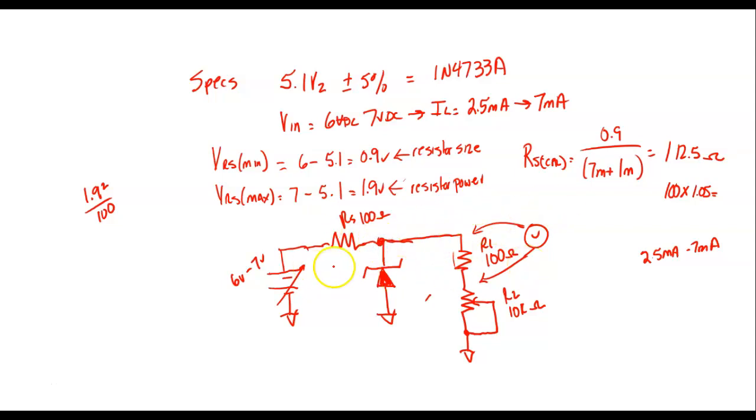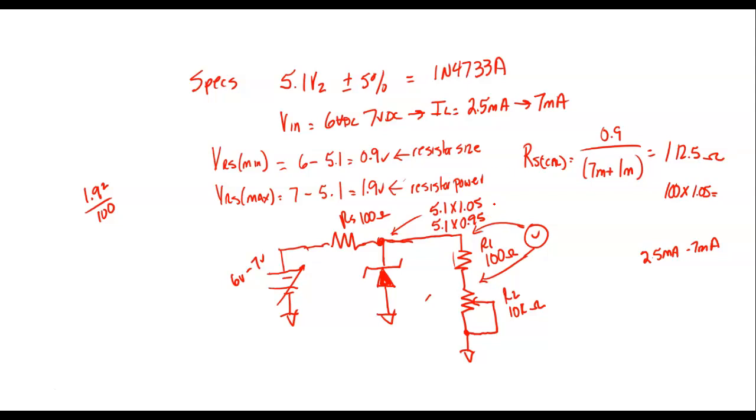So plus or minus 5%, what should I measure right there? I'll take 5.1 times 1.05, and I'll take 5.1 and multiply it by 0.95. Y'all understand what I'm doing? Plus or minus 5%, right?